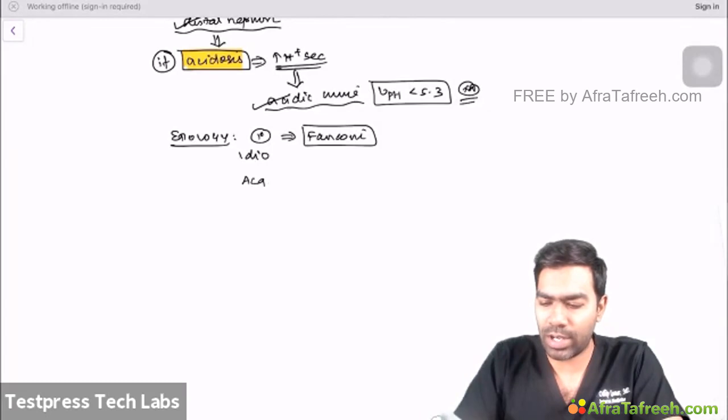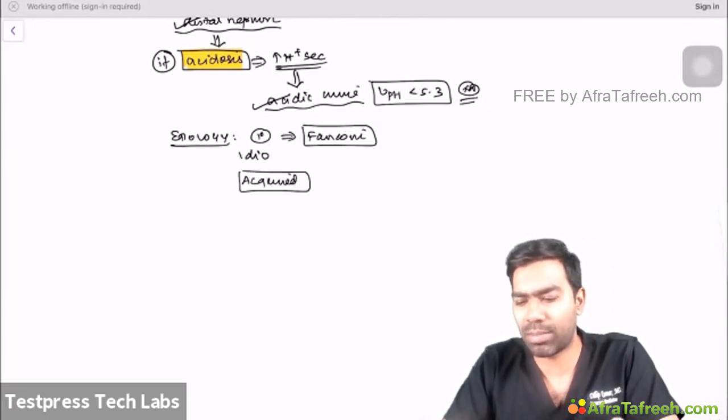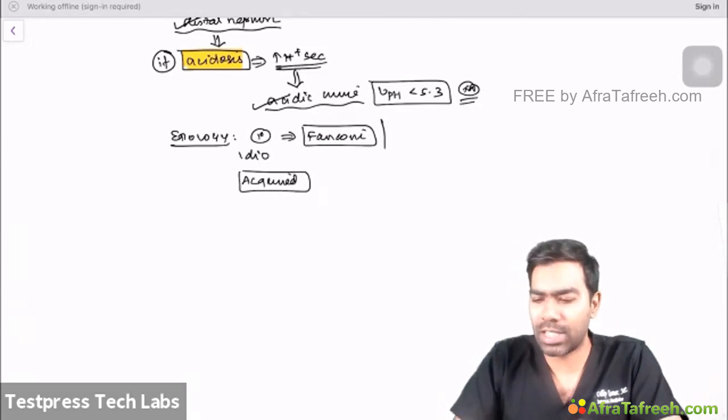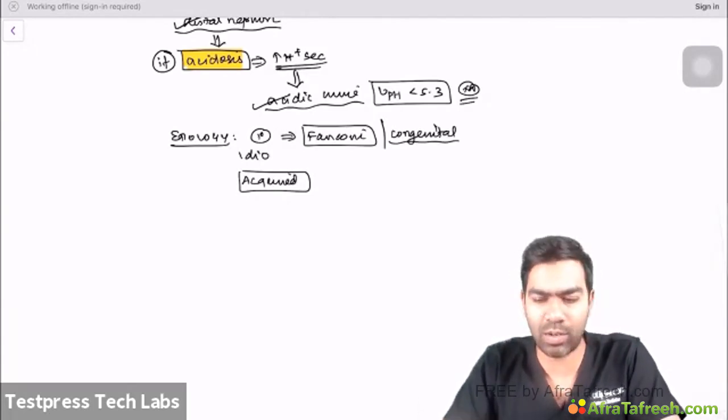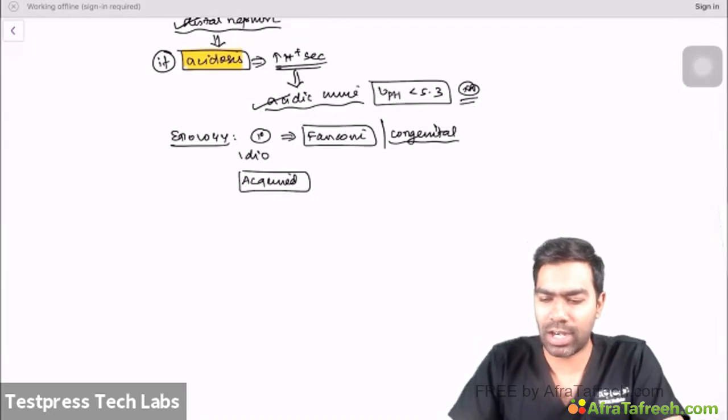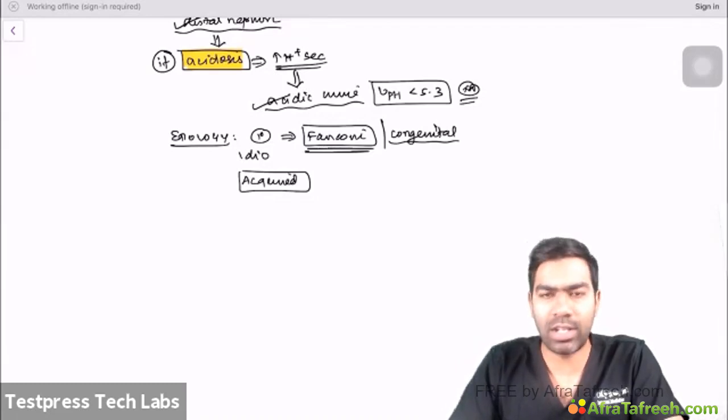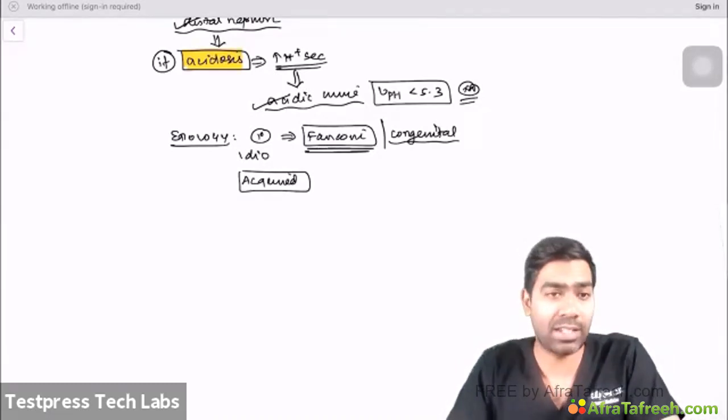Or the etiology can be acquired etiology. Primary etiology can be due to some other things also, for example, some congenital conditions. To understand what are the congenital conditions that produce Fanconi syndrome, you can remember Fanconi by the name Fancy. Fancy means Fanconi, which means some fancy causes.